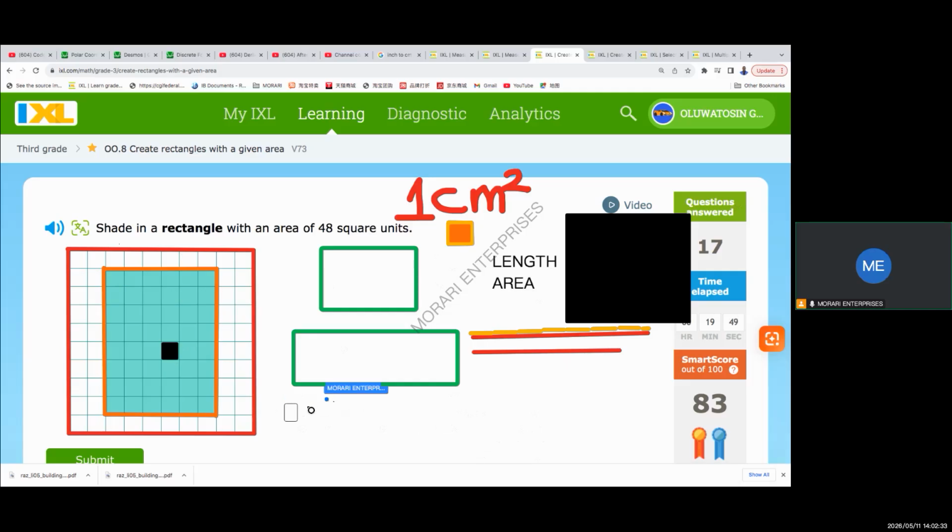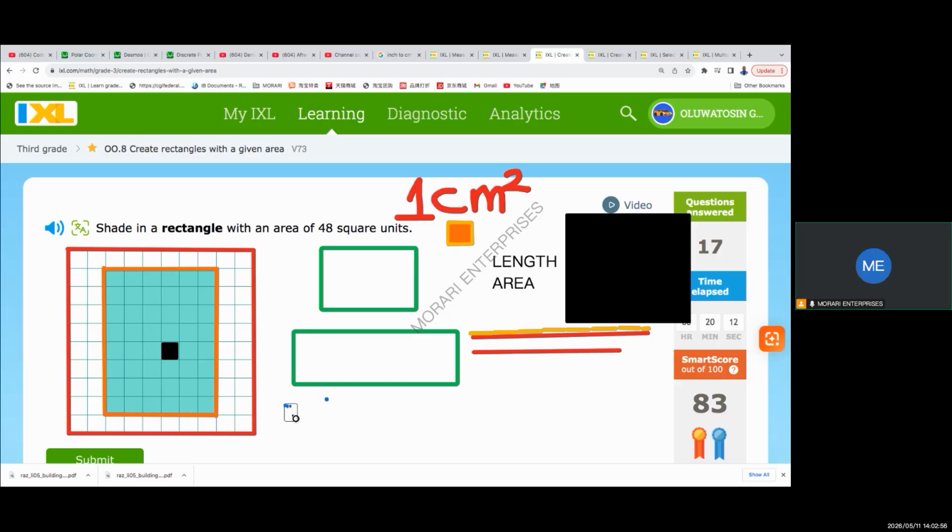We go and fill the space with the much smaller square. 1, 2, 3, and we count how many of these smaller squares we use to fill it, and then that will be the answer of the area, or the space inside this shape.